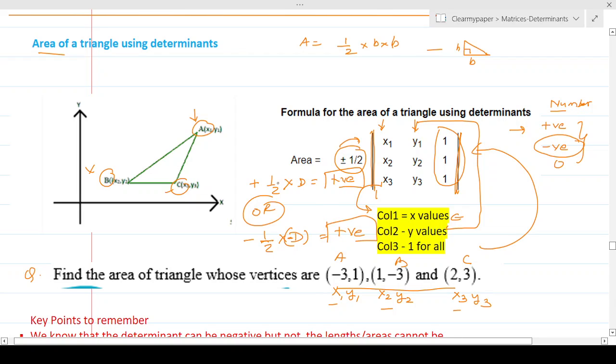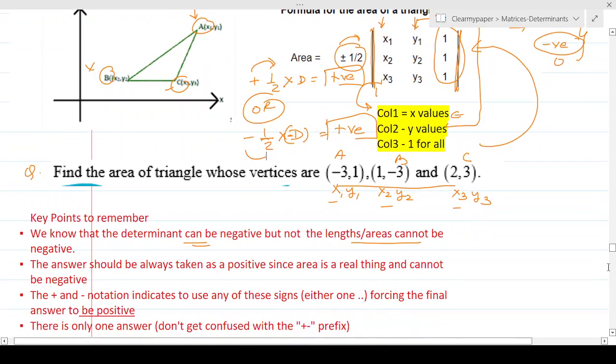So whatever you want to do to force the overall answer, which is the area, to be positive, you use at your discretion, either multiplying it by plus 1/2 or minus 1/2. That's what the plus and minus means. It does not mean that you use both values. It does not mean that the answer has two values. The answer should always be taken positive because area is a real thing.